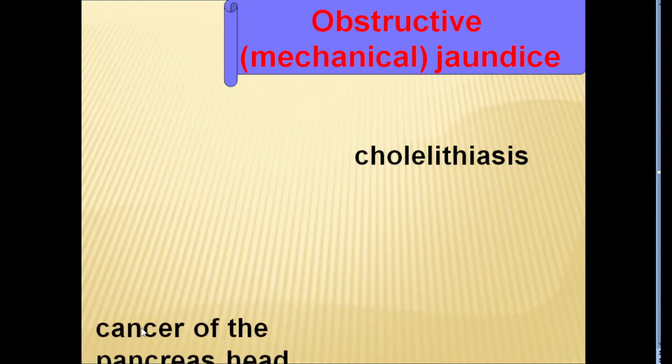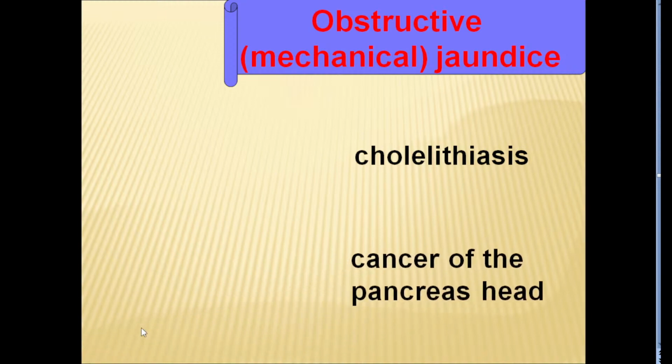And the last variant of jaundice, obstructive or mechanical jaundice, which is characteristic for the patient with cholelithiasis, the period when a stone obstructs the bile duct or gallbladder. And we remember about outside compression due to cancerous process of the pancreas head.